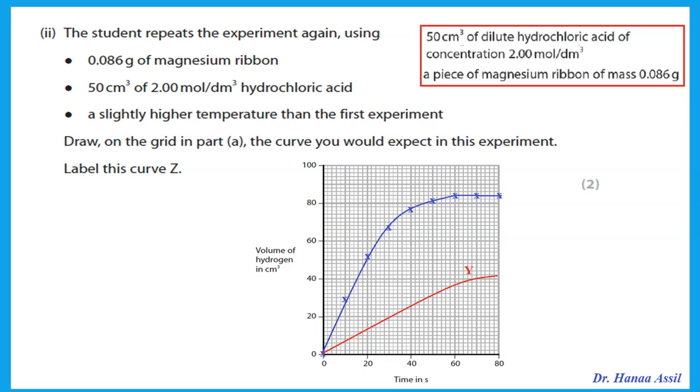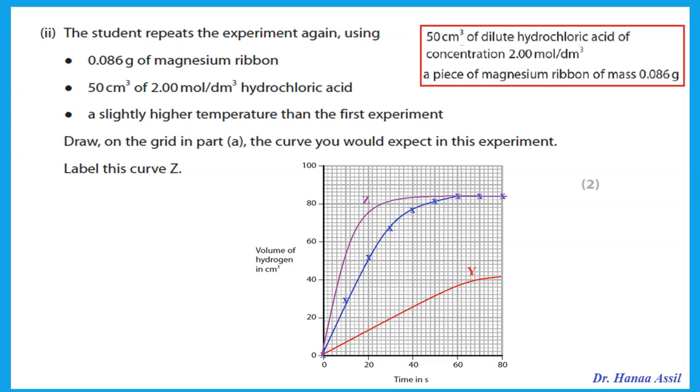But I'm using the same amount of reactant, so I will end up with the same final volume. Please don't go up and come down. It is the same final volume. It is faster, so it reaches that volume faster at less time, and it gives the same final volume of gas.